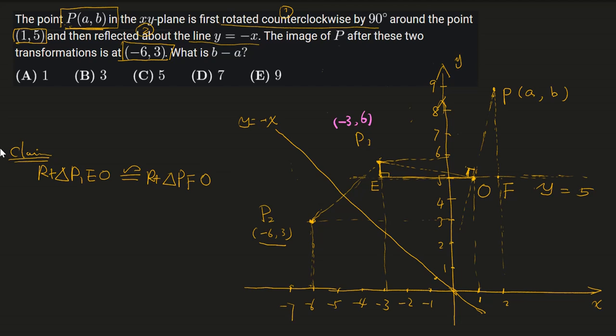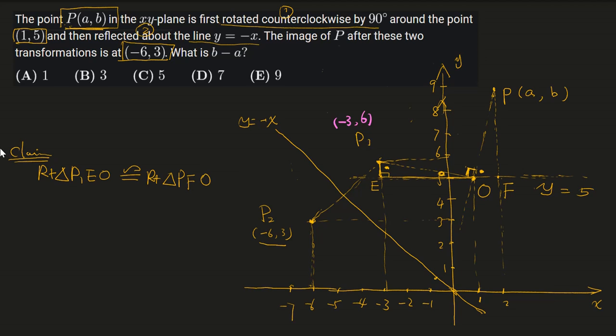First, because this is a right angle, the sum of these two angles, this one and this one, shall be 90 degrees. And these two triangles are right triangles. Therefore, this angle with a dot equals this angle, right?